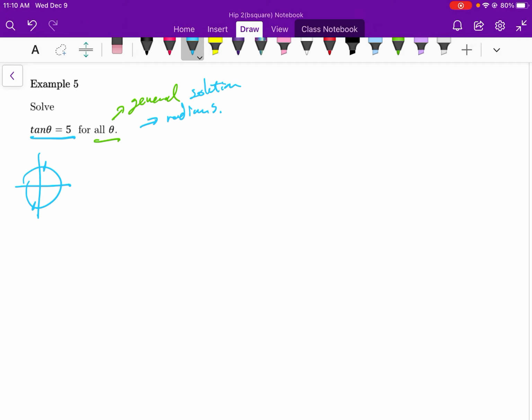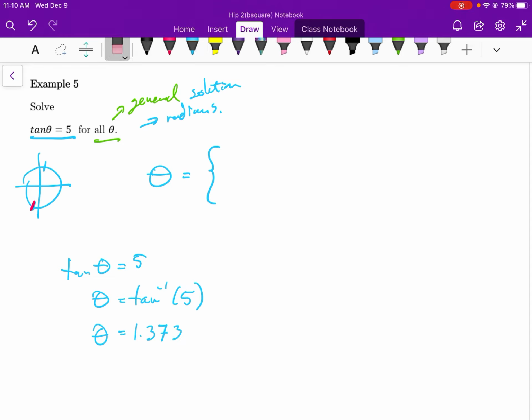What I'm going to do now is say theta is equal to, and again, I'm going to use the same process, the blue angle and the red angle. So what is my blue angle? Well, if tan theta is equal to 5, I can simply take the inverse tan of both sides. So I get inverse tan of 5, and what I get is theta is equal to 1.373, rounded to 3 decimal places. So that's really my theta 1.